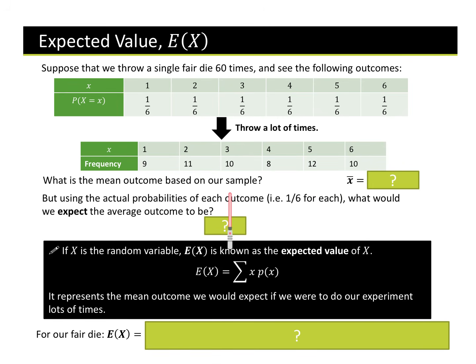So the mean outcome based on our sample. So we have to work out the mean of this. Now we all know how to work out the mean. How would we do that? 1 times 9. Remember, there's a frequency table here. So 1 times 9.